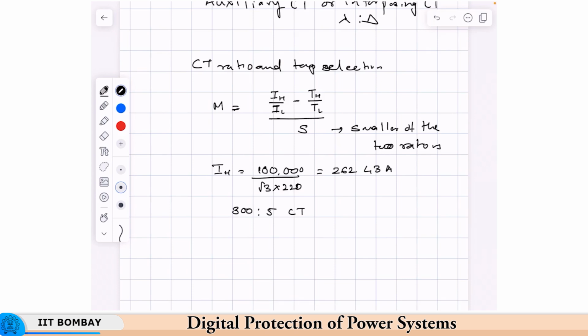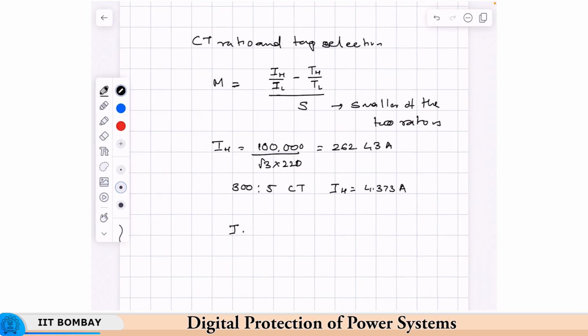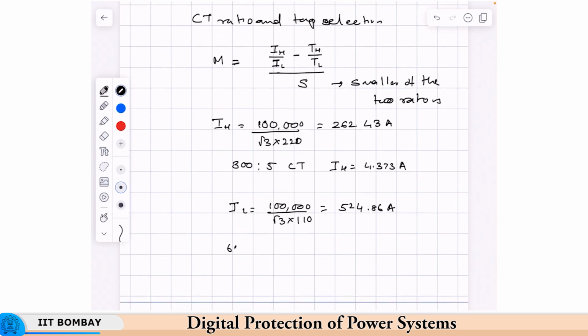So IH, the current on the secondary side, will be 4.373 amperes. IL on the other hand will be 1000 by root 3 into 110, twice this current, so it will be 524.86 amperes. Let us choose a 600 by 5 CT, same logic.